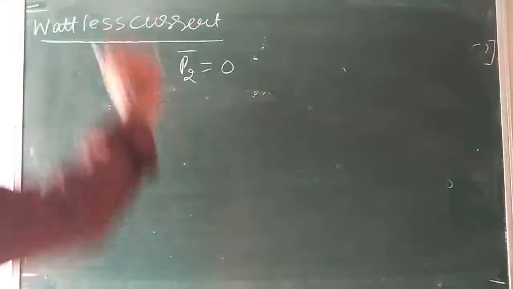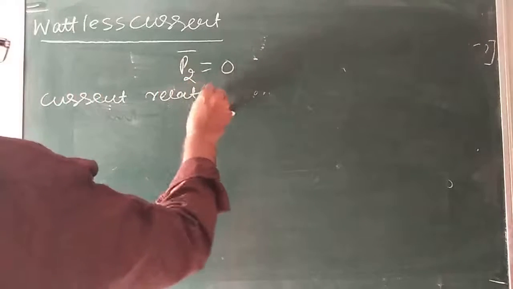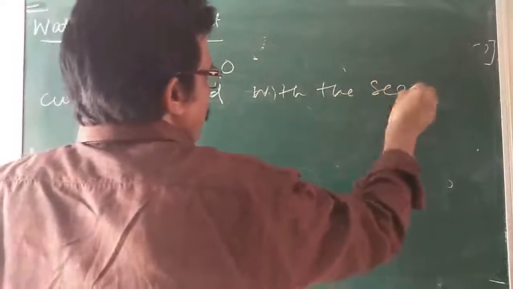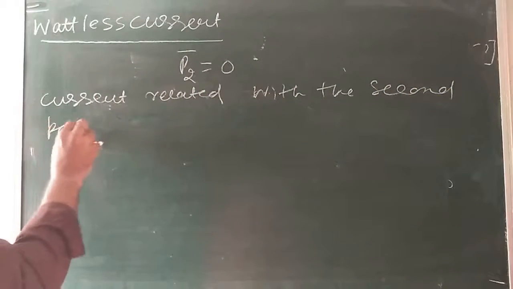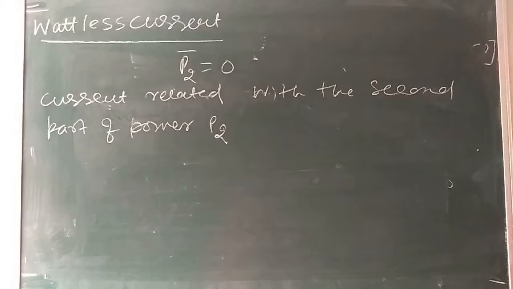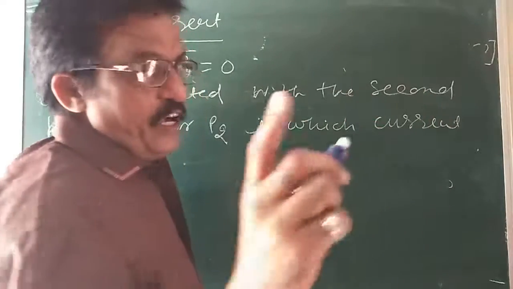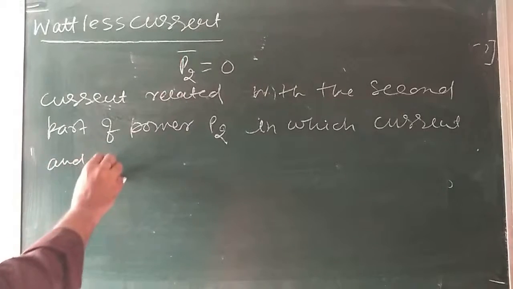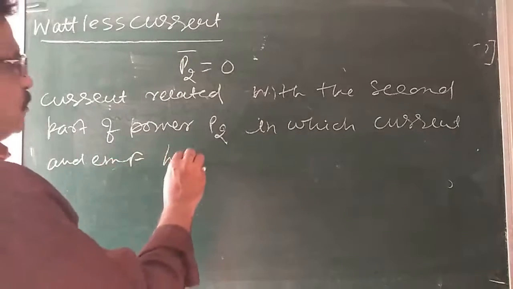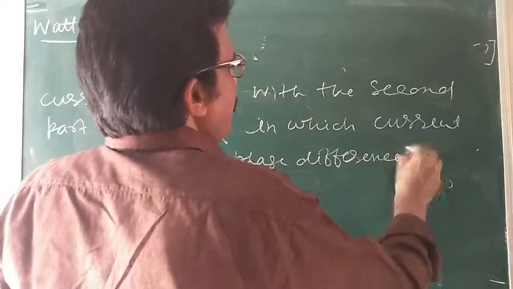Now we are explaining. I am writing here: current related with the second part of the power P2, in which current and EMF have a phase difference pi by 2.